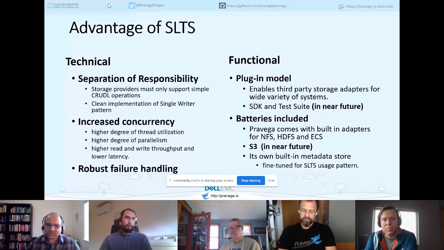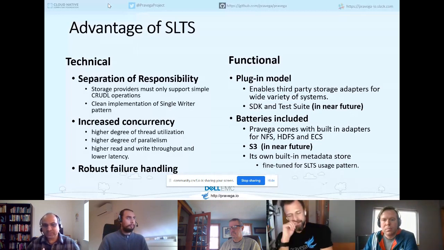It also uses its own built-in metadata store. We already have the Pravega table store, and we use it internally, and it's fine-tuned for the SLTS usage pattern. So out of the box with SLTS, you can start using NFS, HDFS, and extended S3. In the near future, you will also have S3.